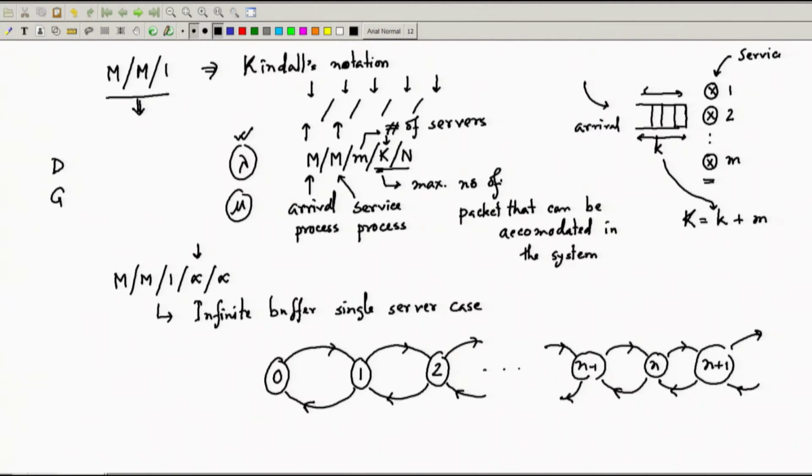That is the overall Markov chain. Now, the rate matrix, what should be the associated rate? We have already seen, going up it will be the arrival rate, so it is always lambda, and going down it is the service rate, so always this is mu.